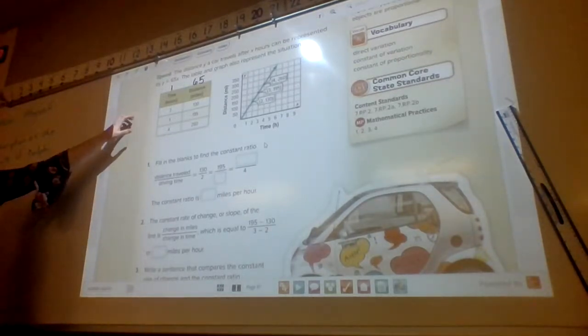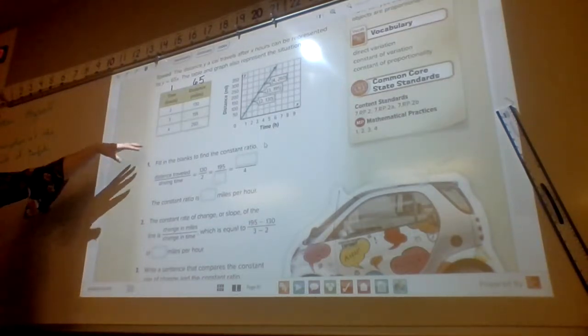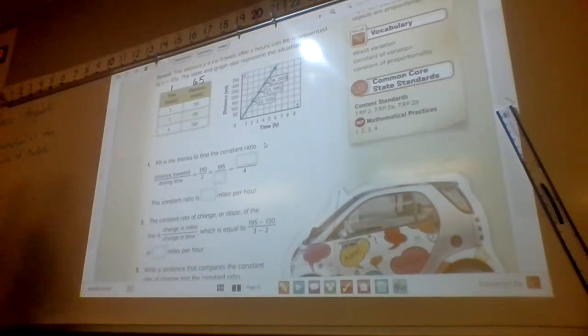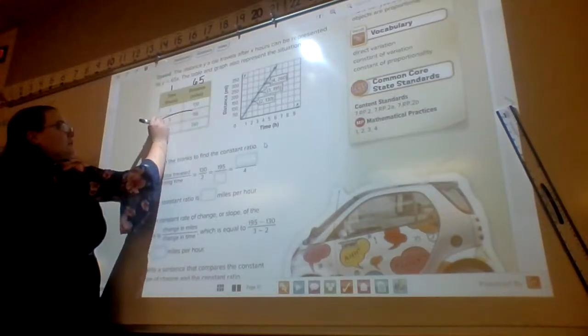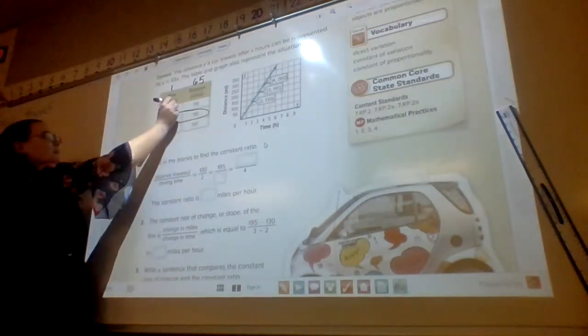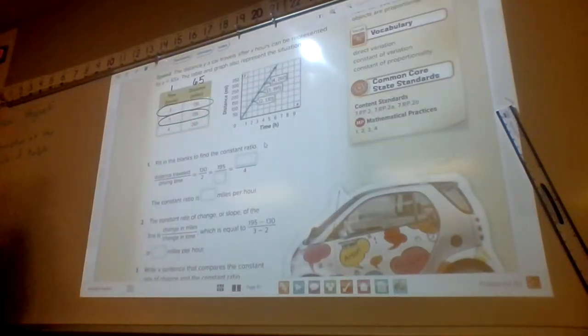What did we do with this table last time you saw it? Last time you saw a table like this, for example, Friday. Pick 2 numbers. Well, that's slope. That could work. So pick 2 sets. So we picked this one, and what else? When we got this, what did you do?